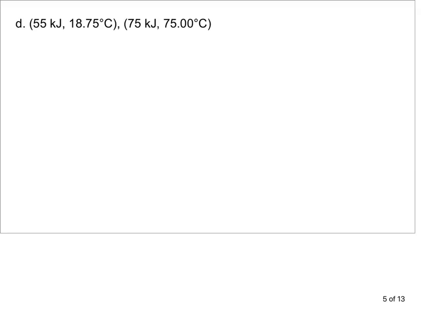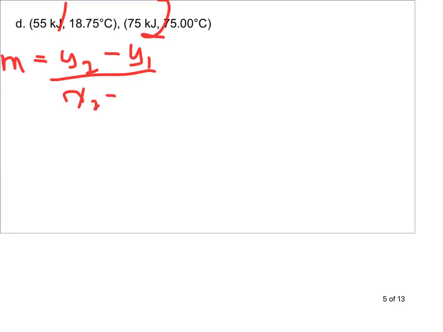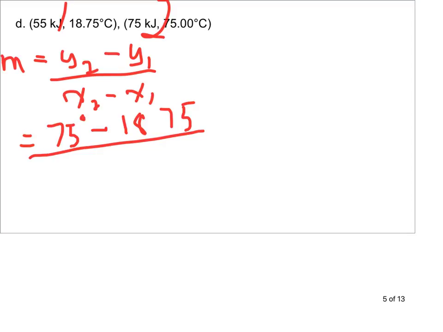And one more. Call this one point 2, this one point 1. m equals y sub 2 minus y sub 1 over x sub 2 minus x sub 1 equals 75 minus 18.75. I put my degrees Celsius in there.